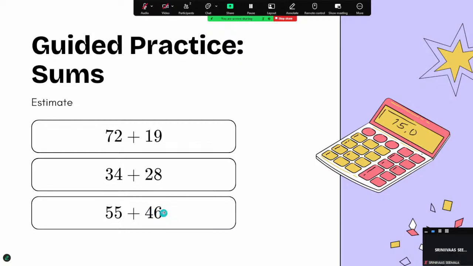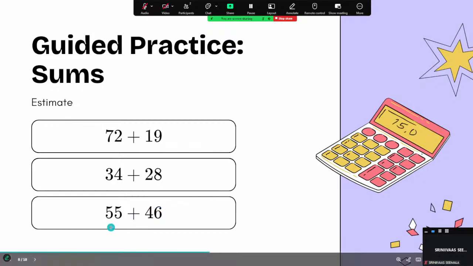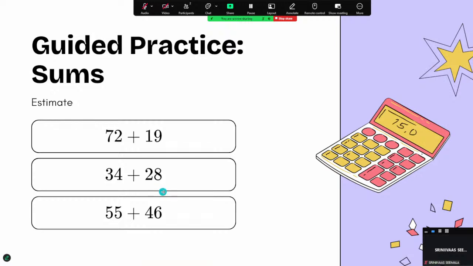So 46 becomes 50. So we have 60 plus 50, which is 110. So 55 plus 46 is about 110. So here we got 90, 60, and 110. Let's check our answers on the next slide.